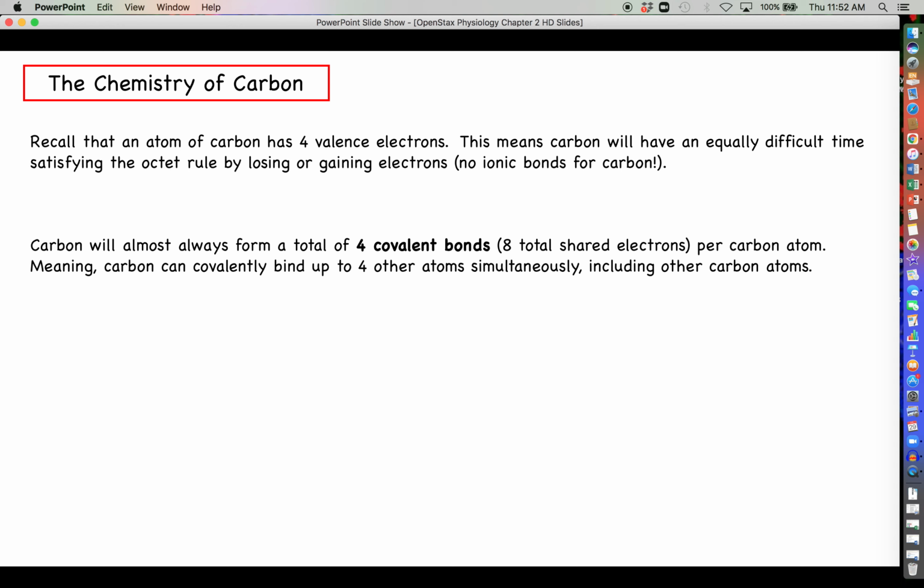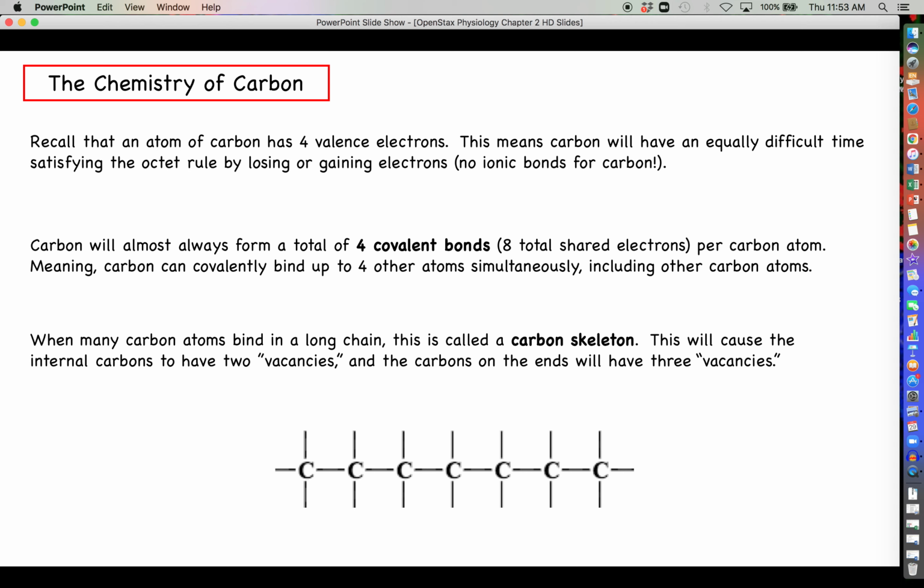So this is very interesting because this means that each carbon atom in a molecule can covalently bind up to 4 atoms simultaneously, and this also includes other carbon atoms. Oftentimes what you'll get is the production of a long chain of carbon atoms, and we call this a carbon skeleton.